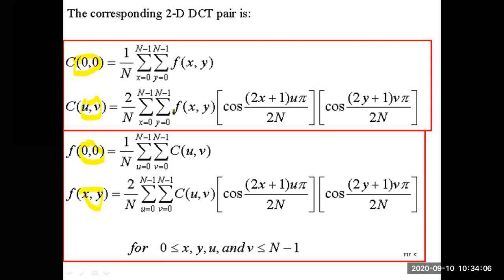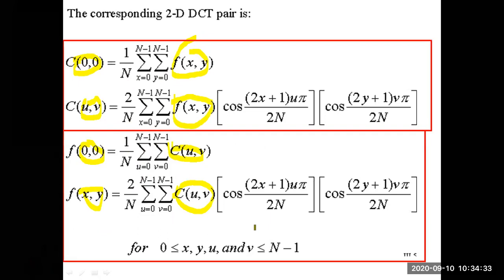The formulas are the same, only interchanged. Instead of f of x comma y, here there is c of u comma v, and similarly this is c of u comma v, and this is another one, f of x comma y.